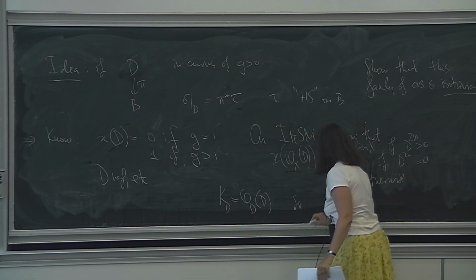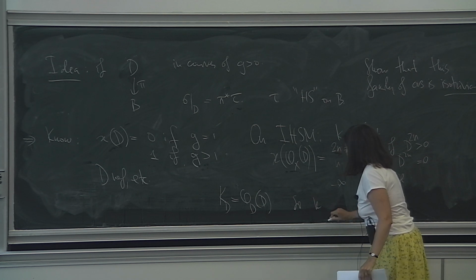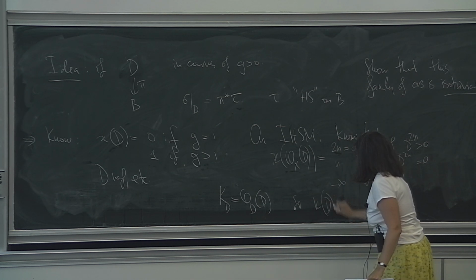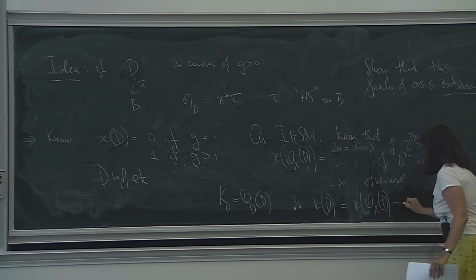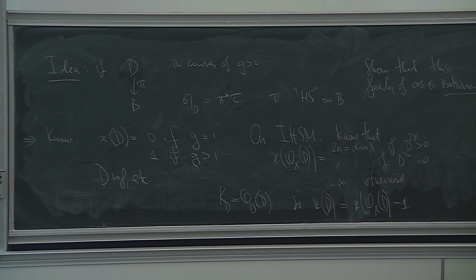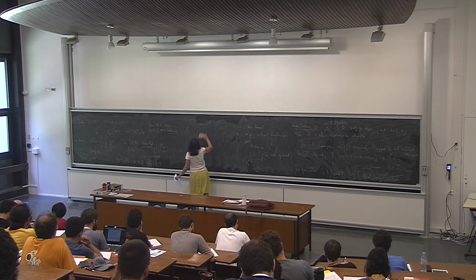So the Kodaira dimension of D is just the Kodaira dimension of O_X(D) minus 1, and you just rule this remaining case out, considering explicitly the Iitaka fibration.